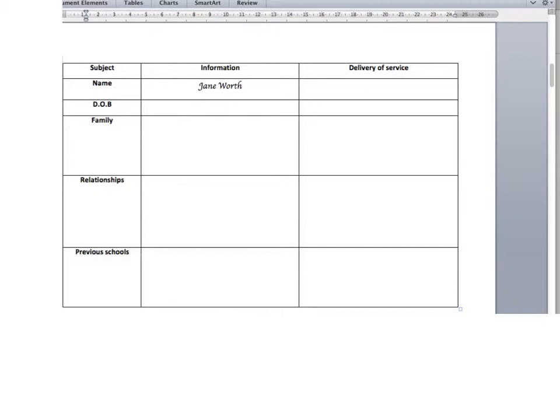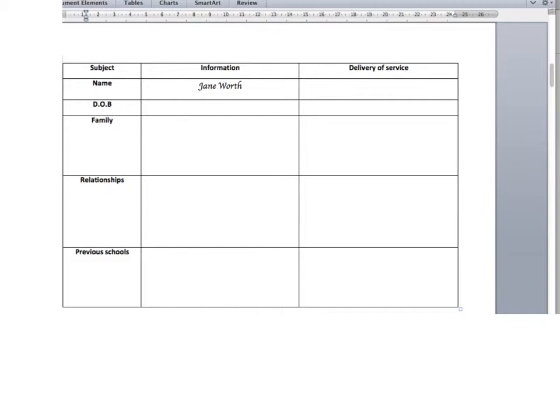So if we go down to relationships here, we see that Jane has a problem with relationships with other people. She tends to bully students, and so we need to provide some sort of delivery of service.